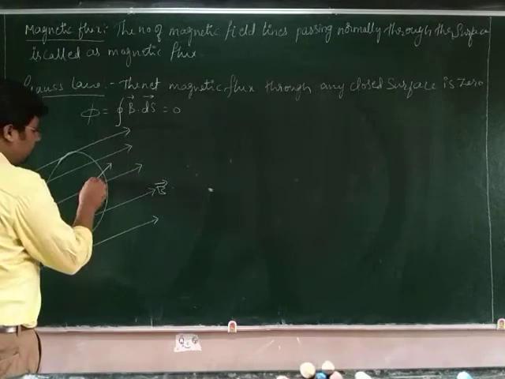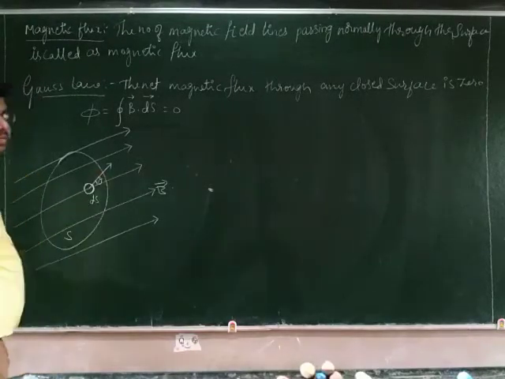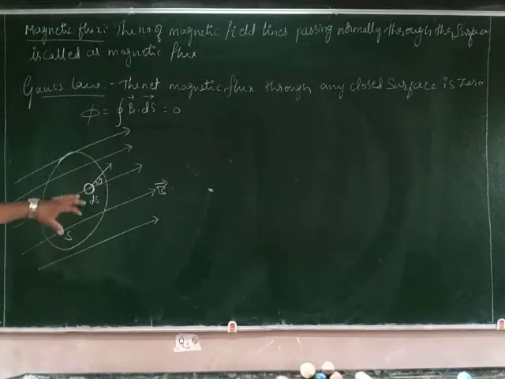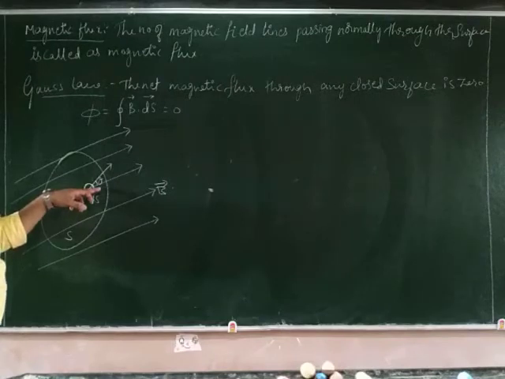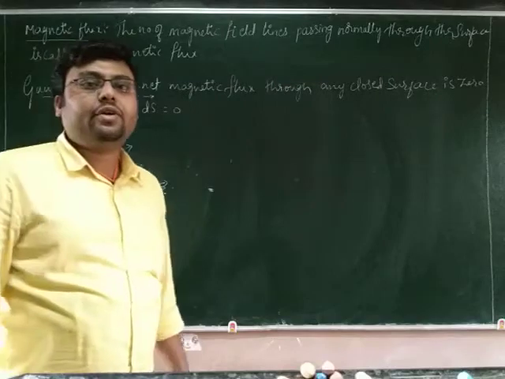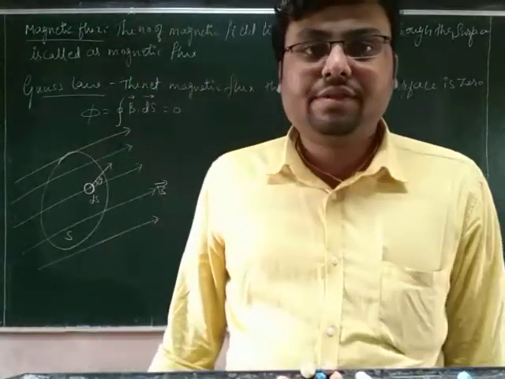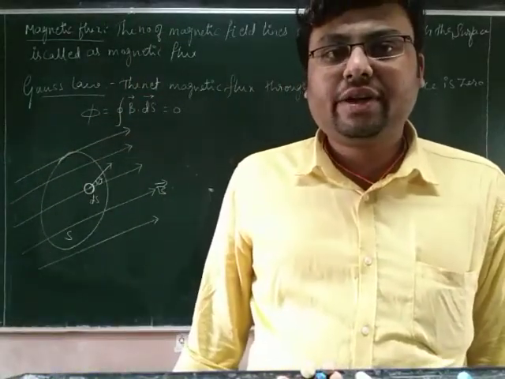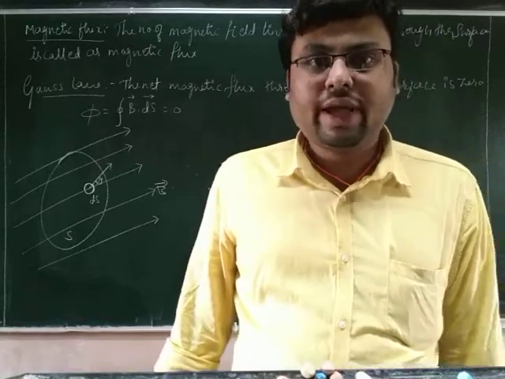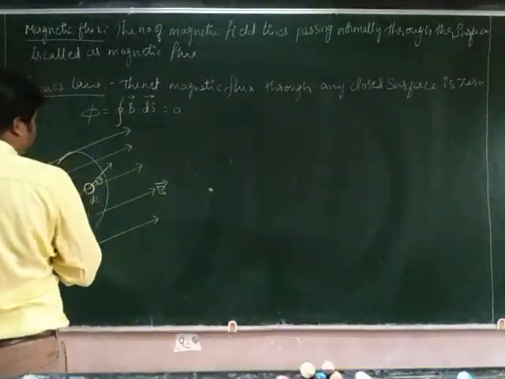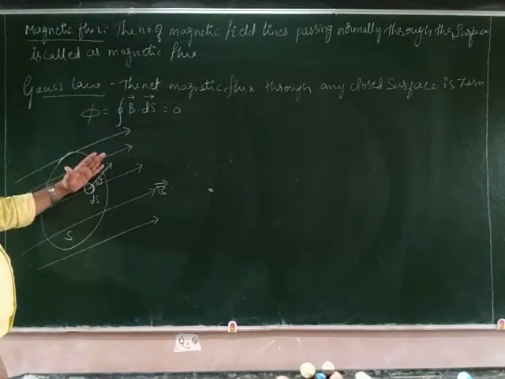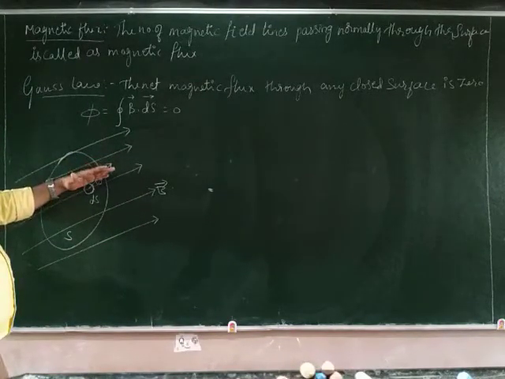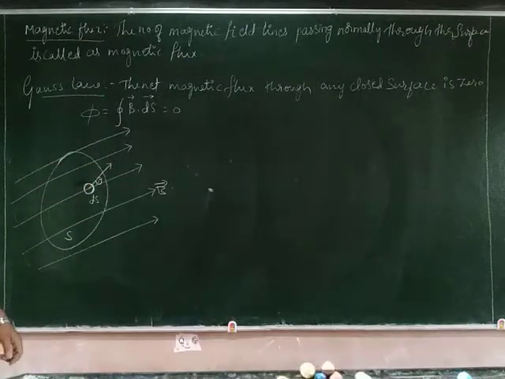The angle here I consider theta. Just imagine this theta is 0 degrees. That means the field lines are exactly perpendicular to the surface. When these field lines are perpendicular to the surface, the area vector aligns parallel to the magnetic field direction. The theta will be 0.